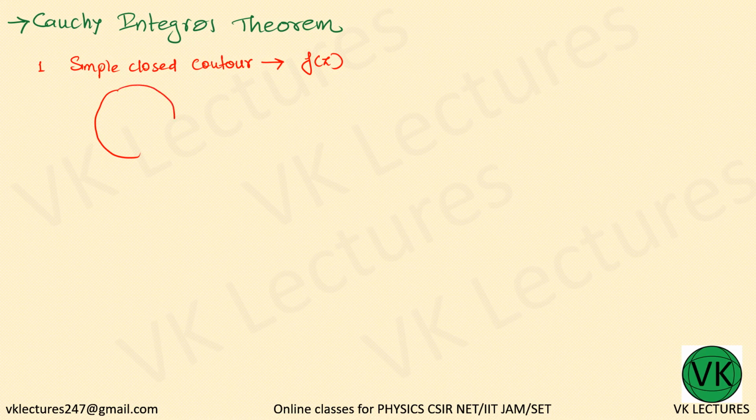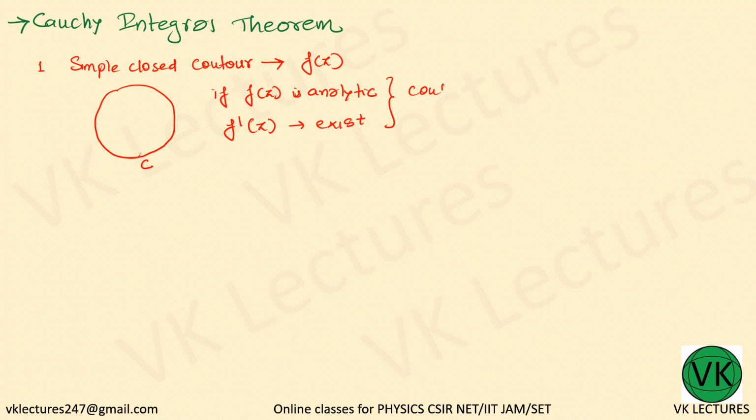This is the domain or the contour C. Now if the function f of z is analytic, then f dash of z would exist, and both f of z and f dash of z are continuous in and on the contour.